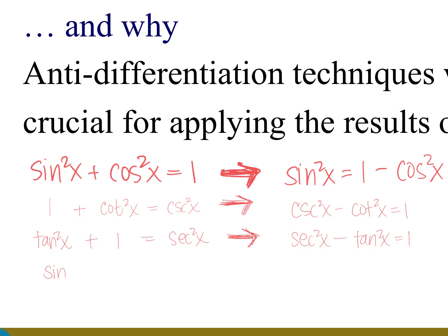Sine squared of x is equal to 1/2 minus 1/2 cos 2x... sorry, sine squared of x is equal to 1/2 minus 1/2 cos 2x, and cosine squared is equal to 1/2 plus 1/2 cos 2x.